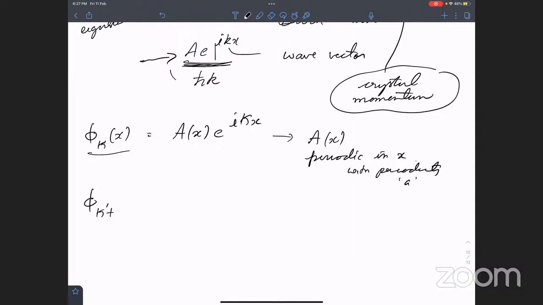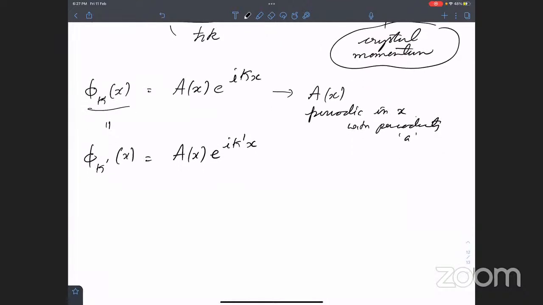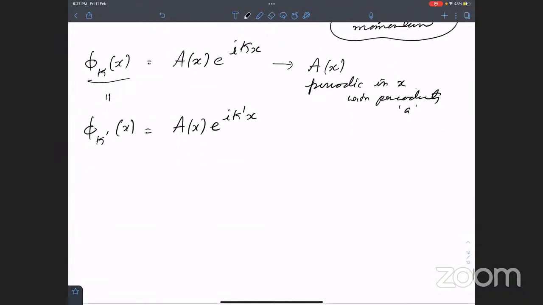So psi K bar of x is going to be A of x e to the power i K bar x. Now, if both of these are equal, then we can see something.